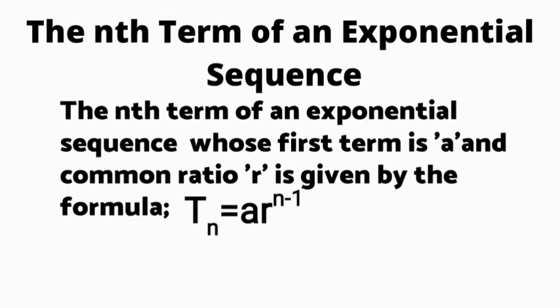The nth term of an exponential sequence. The nth term of an exponential sequence whose first term is a and common ratio r is given by the formula t subscript n is equal to a r raised to power n minus 1.